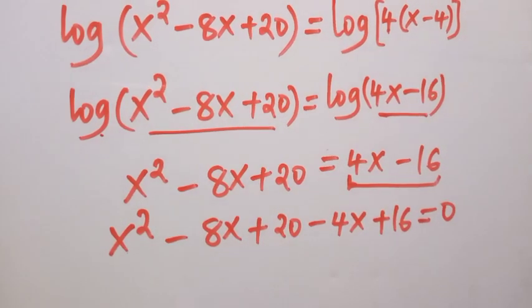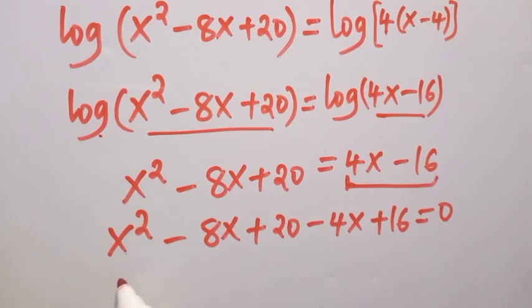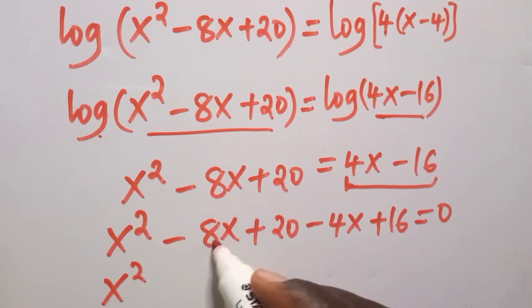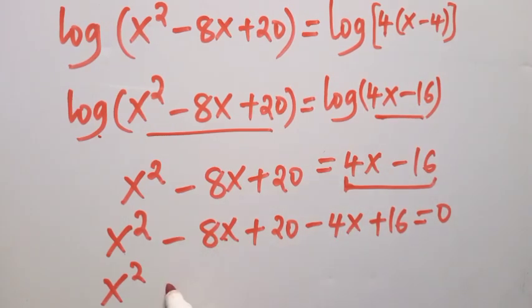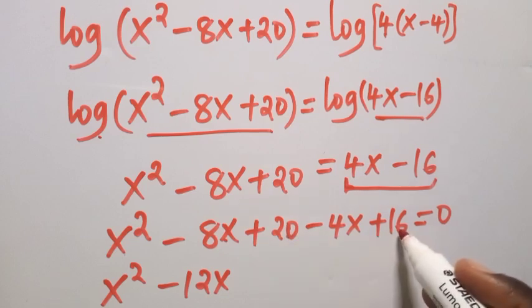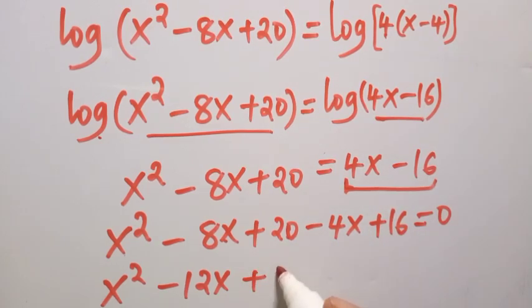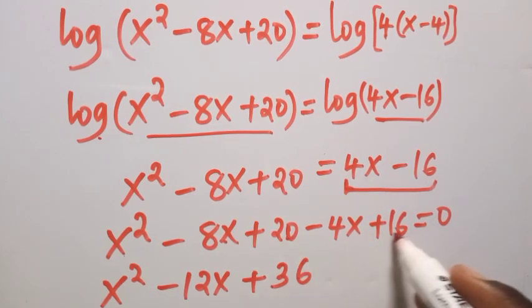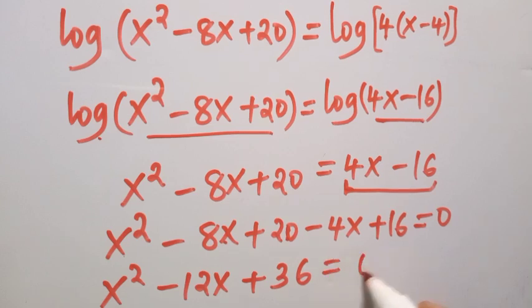Now from that point, I shall have x squared minus 8x minus 4x is minus 12x, then plus 20 plus 16, it will be plus 36, because 20 plus 16 is 36, equals 0.